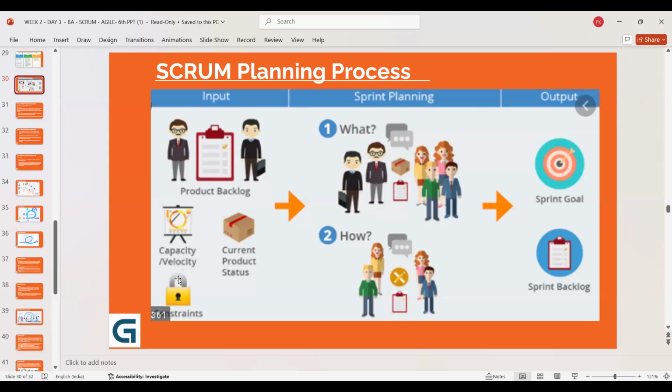So it's as simple as any other checklist, any other planning that we do. Same way Scrum planning is done. It is very practical. It is very realistic, because unless we study or understand the real scenario, we will not be able to complete it.